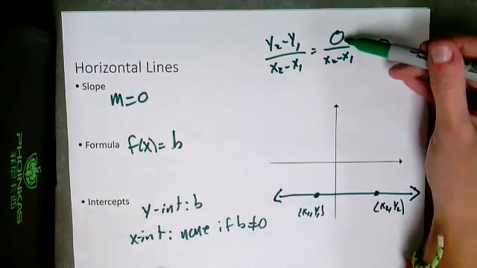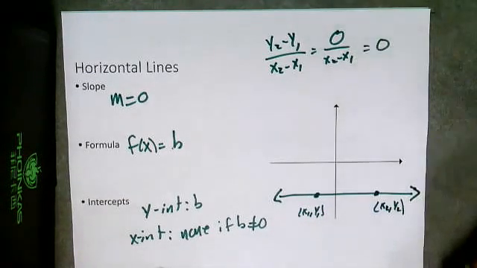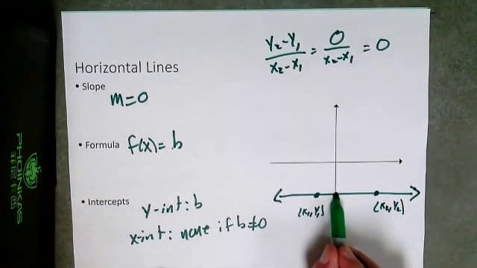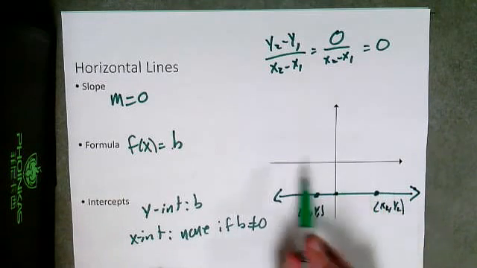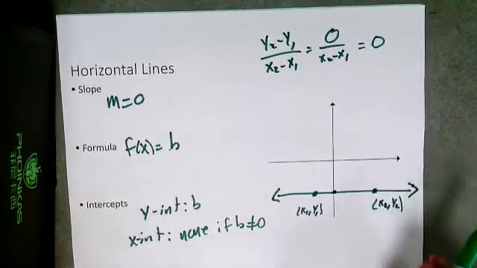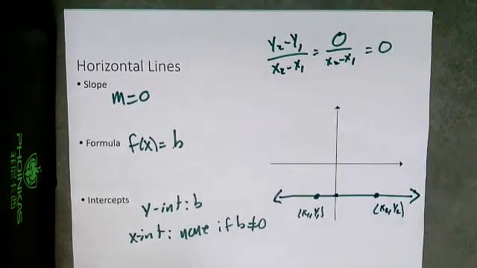As we set up here, the difference in the y is going to be 0, the difference in the x is going to be something, and the change is still going to be 0. In this case, our b is negative, and it never hits the x-axis, so it has no x-intercepts. If b is equal to 0, then every point would be an x-intercept.